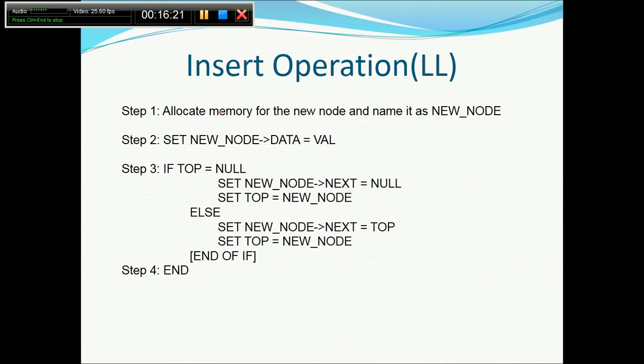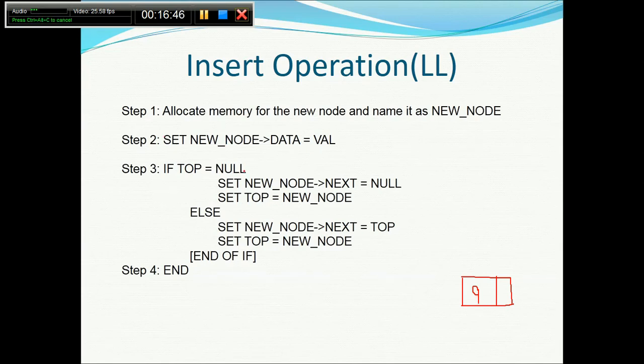Allocate memory for the new node and name it new node. Okay, fine, I will allocate. Currently top is pointing to null, because we do not have any node. Whatever element you want, you add: new node data equal to value.